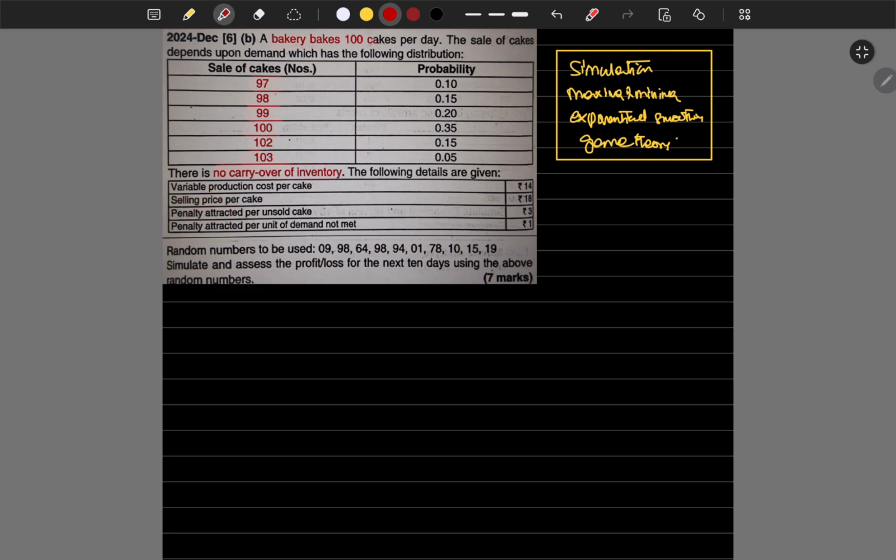This is for the calculation of profit. While simulating we are going to find out the profit. For this we use the random numbers given, to simulate for 10 days.